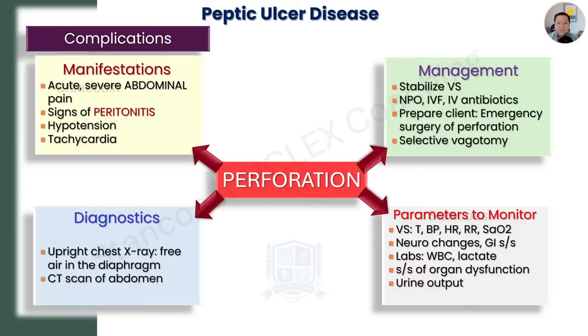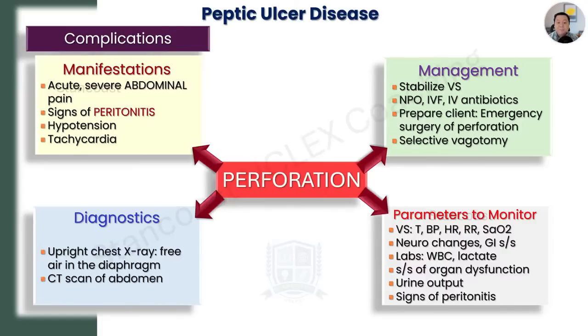Now, also take a look into the patient's urinary output. There's going to be significant oliguria, which is less than 0.5 mL per kilo per hour, and this is caused by the lack of blood supply to the kidneys due to the hypotension.